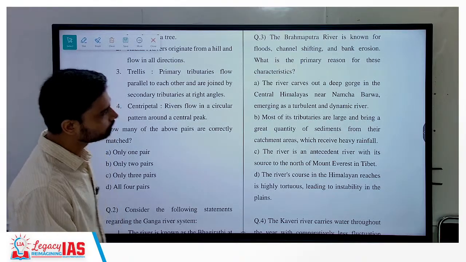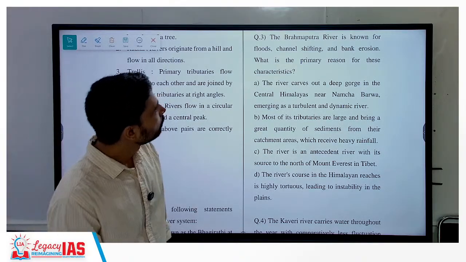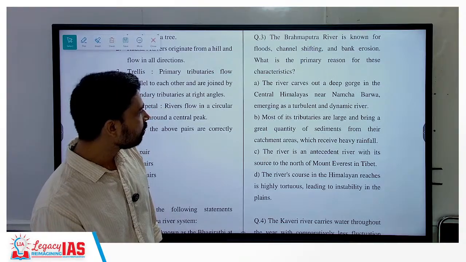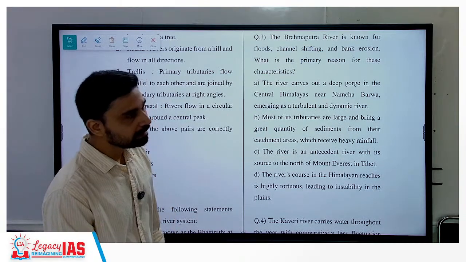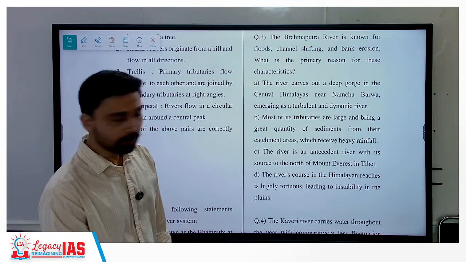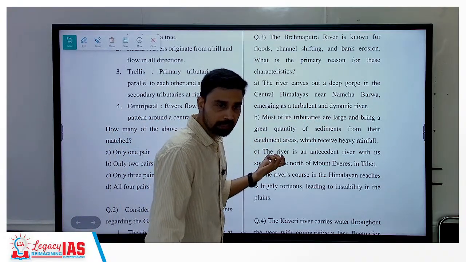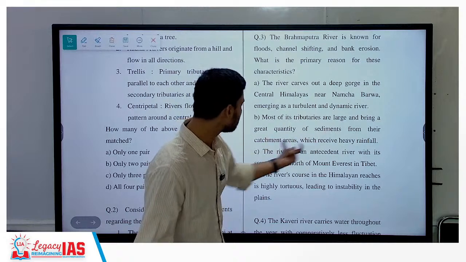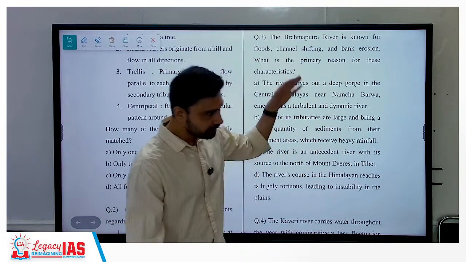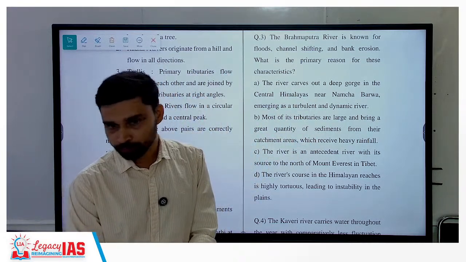B is the right option. Floods and channel shifting are because of sediments. Why does the Brahmaputra have such a huge amount of sediment? Because its tributaries are large, and the Brahmaputra itself is large, so it carries a large volume of sediment, especially coming from heavy rainfall areas, so water volume is also higher.